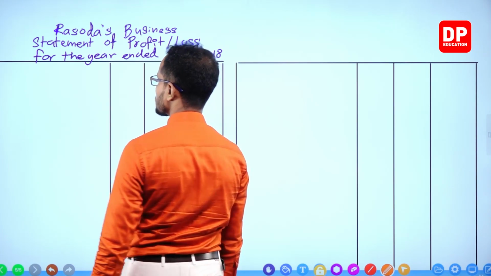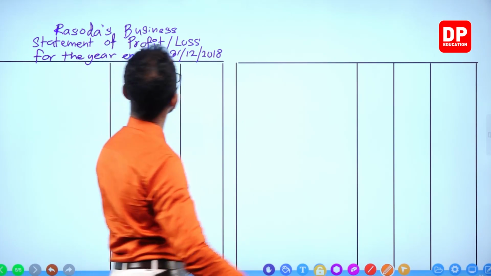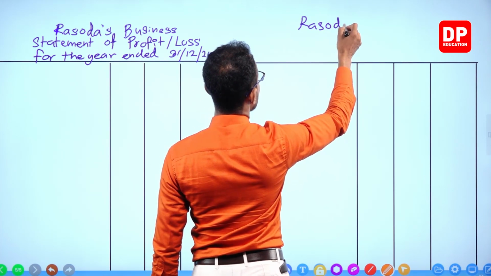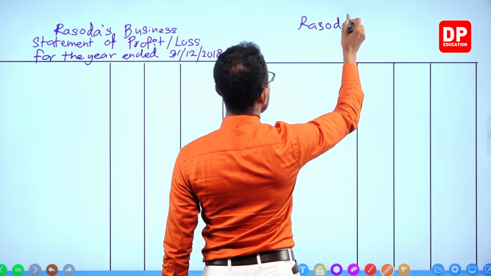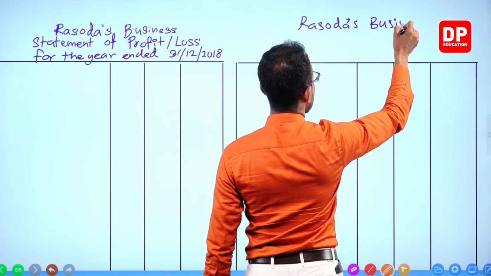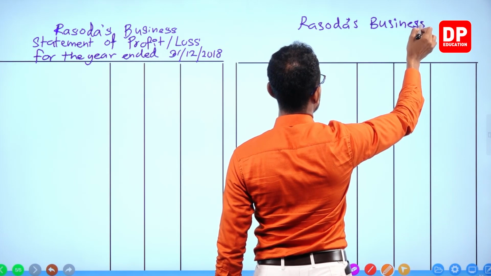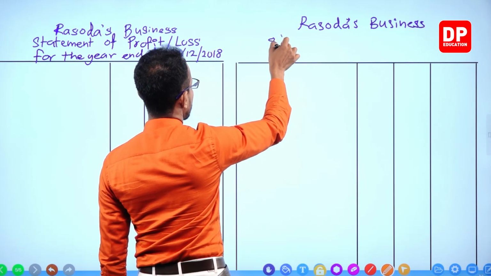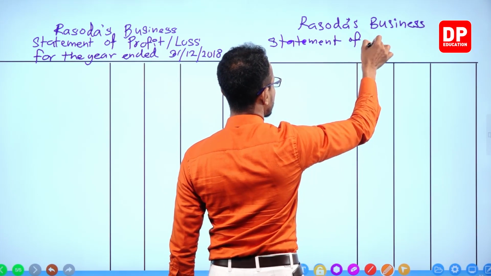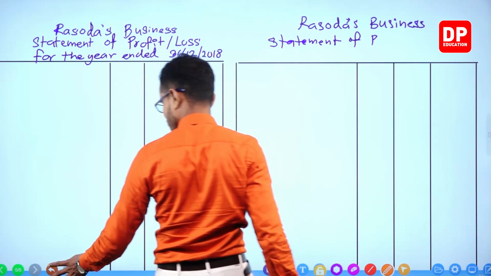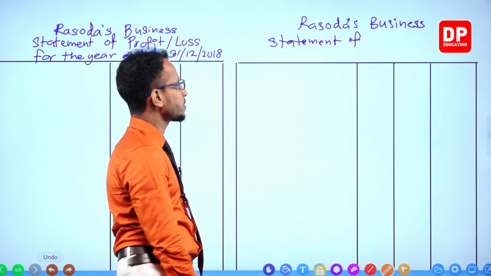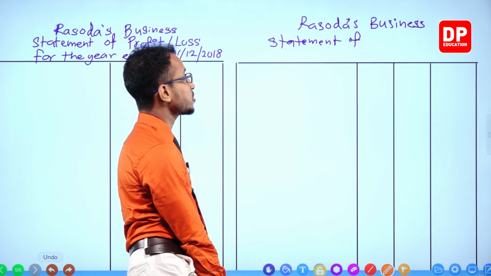Now, the next statement. Rasoda's business statement of profit or loss. No. Statement of financial position, right? Statement of financial position.